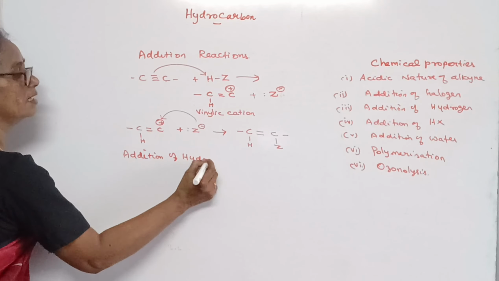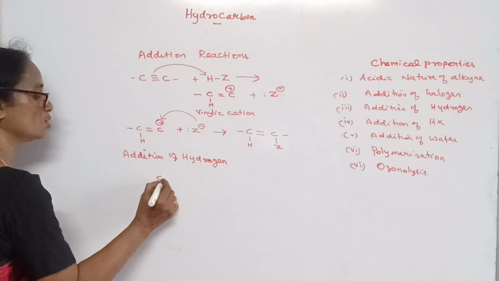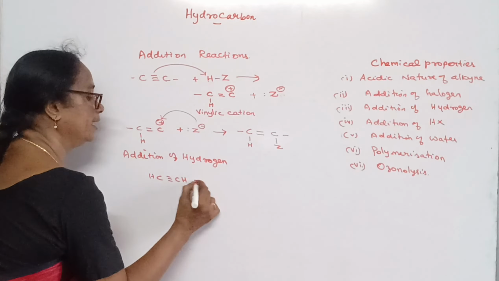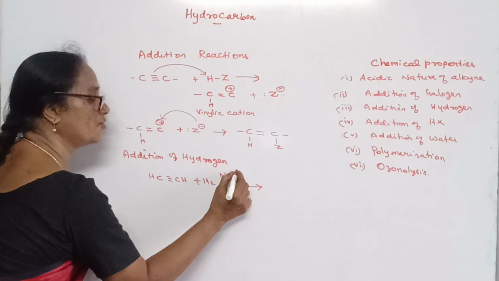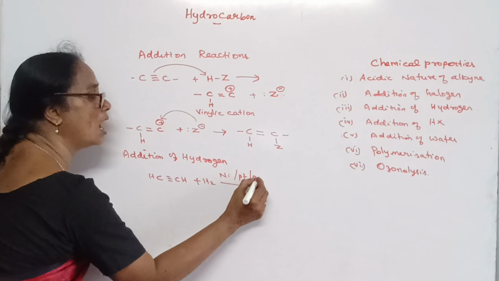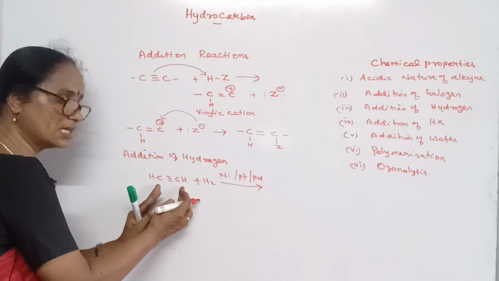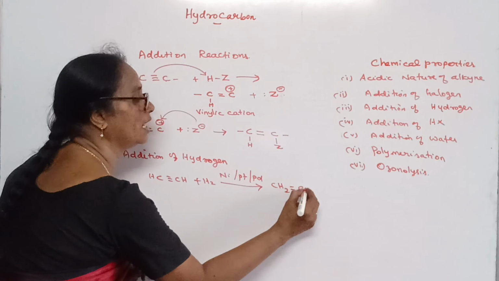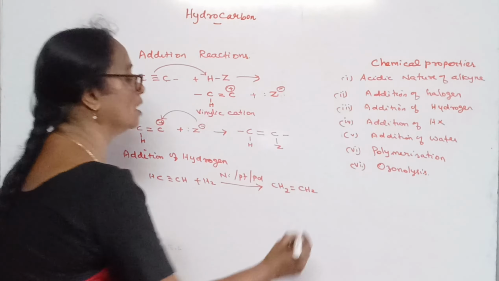So hydrogen will undergo a 2-step addition to form alkane. So let's have CH triple bond CH, ethyne. It undergoes addition reaction with hydrogen in presence of nickel or platinum or palladium. The first molecule of hydrogen is shared between the 2 carbon atoms, so CH group changes into CH2 and the triple bond is reduced to double bond.